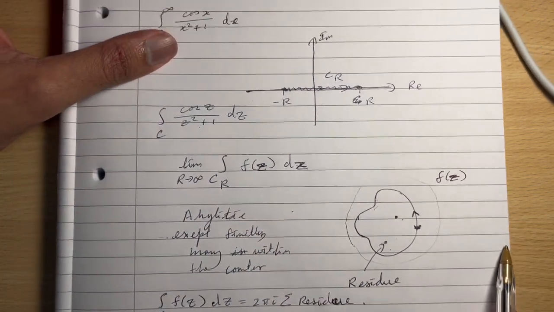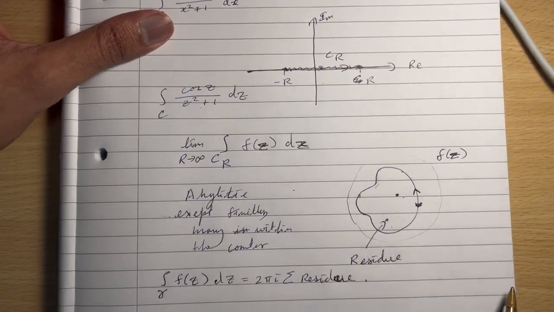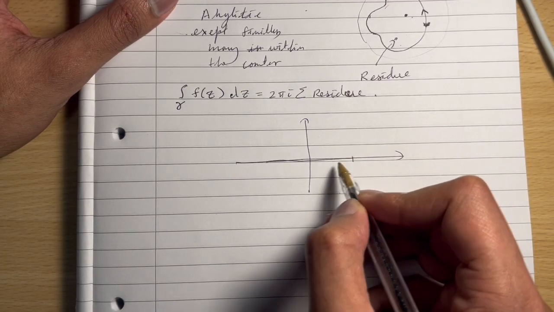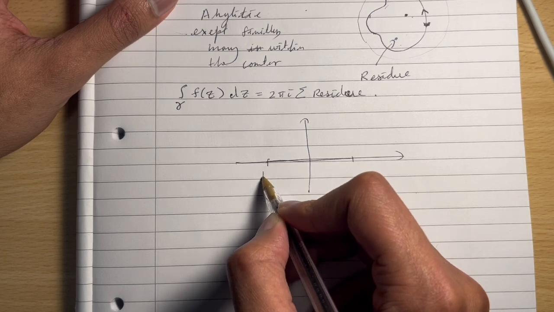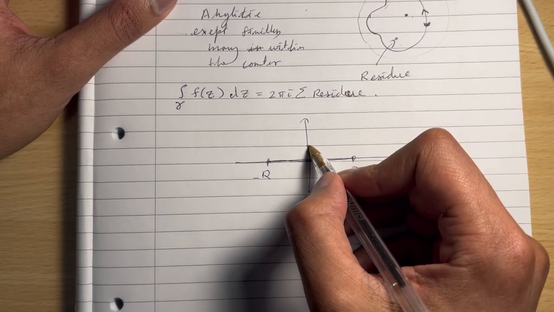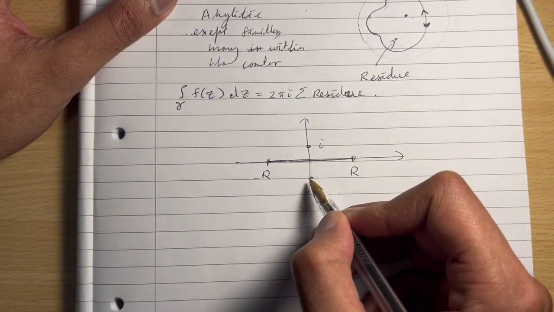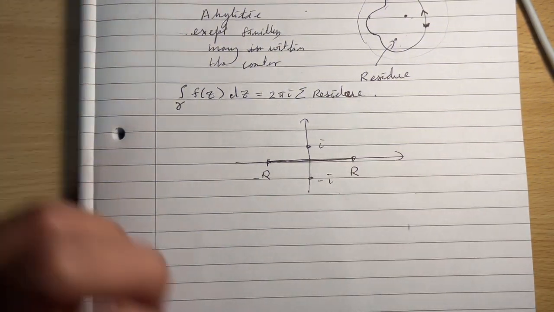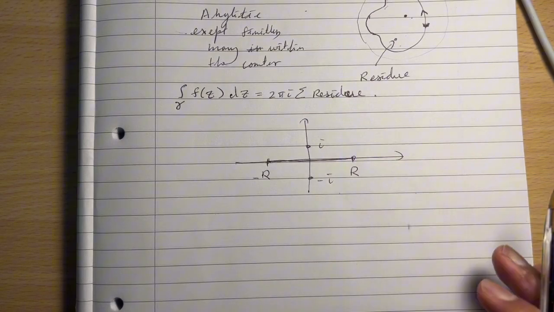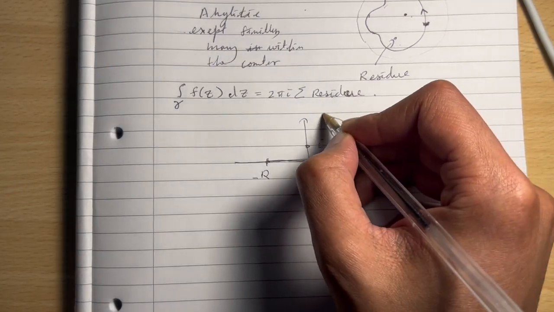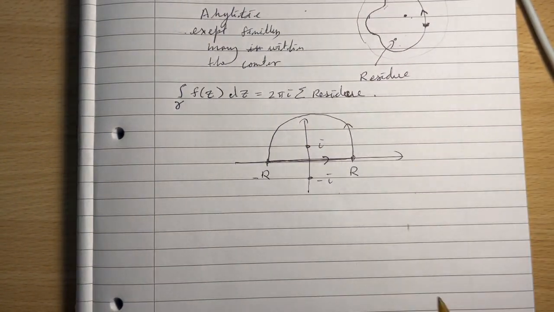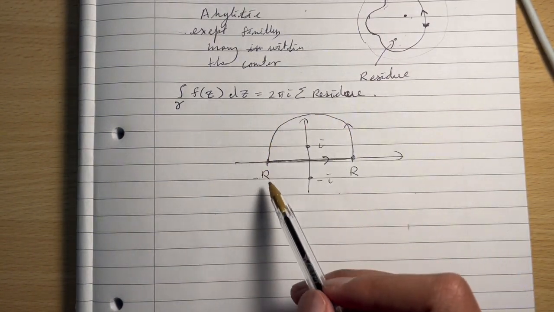So in this picture, maybe we'll draw it again, we have this curve C_R going from minus R to R. Then here at i and minus i, the function is not analytic and it has a residue. Now nothing's stopping us from making a contour going around like this.